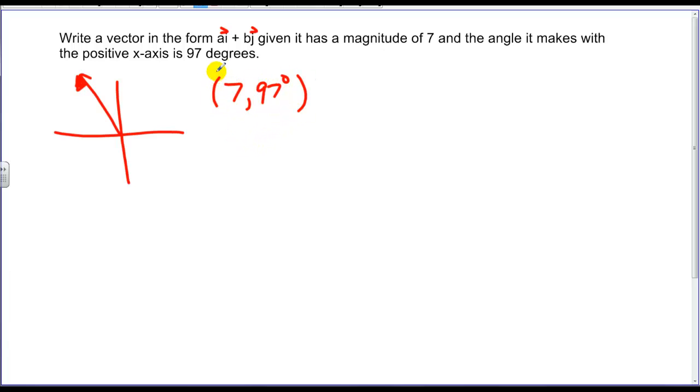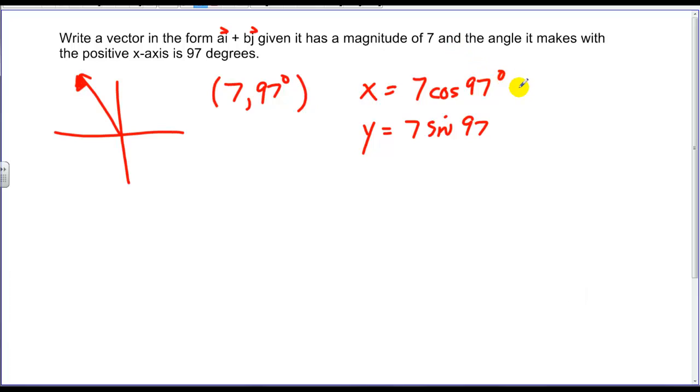Well, if I want this in ij form, all I really need to do is find my x and y components. My x component is given by the radius value, or the magnitude in this case, the 7 times the cosine of 97, and my y is given by the magnitude, 7, times the sine of 97 degrees.